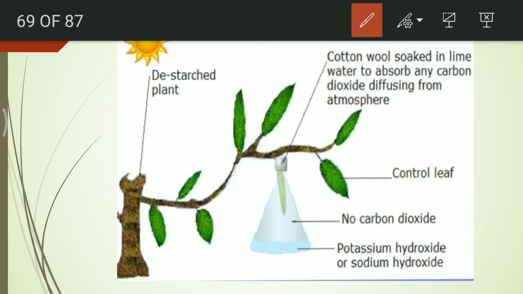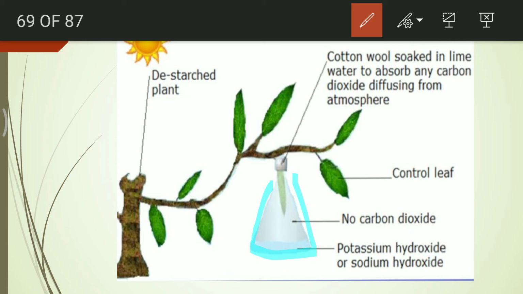This is completely a destarched plant, but we have attached a beaker. This beaker contains potassium hydroxide or sodium hydroxide. Both perform the same activity of absorbing carbon dioxide from the atmosphere or from the conical flask.